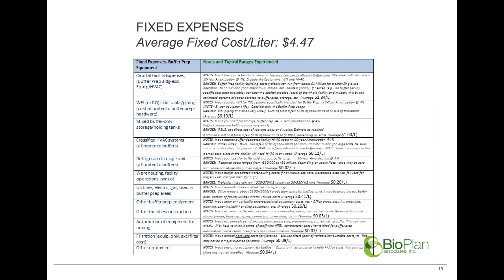So for each line item, we identified the ranges and identified what the average was based on a typical facility. Here you see the average total fixed costs, and down here you can see the average for capital expenditures based on a range of costs.